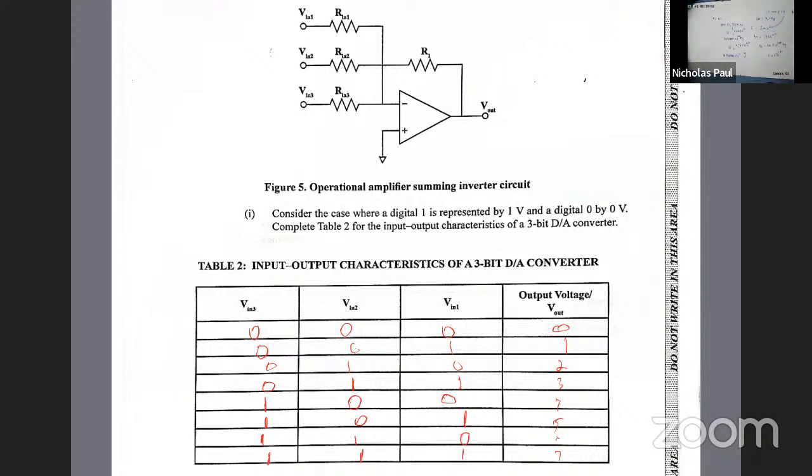But here you need to go back and figure out what values for these resistors will give you that. Remember, there's a general formula for it. Check back from last day and you will see the general formula for the summing amplifier.